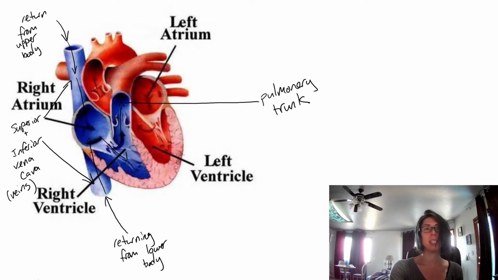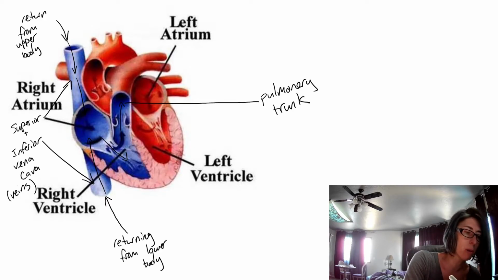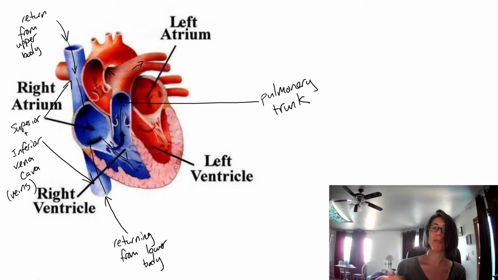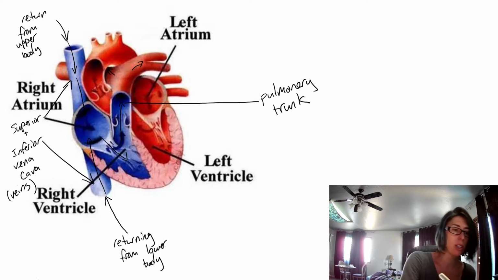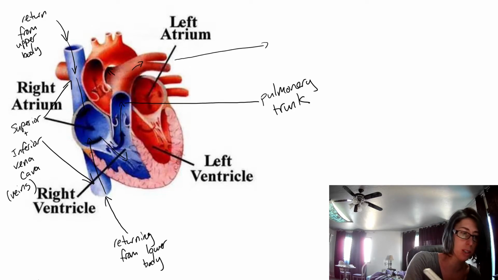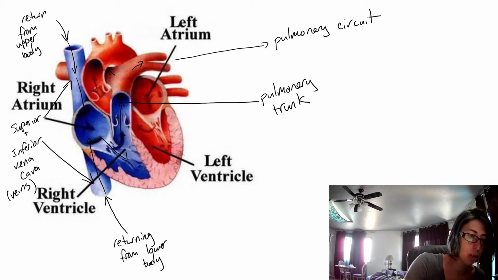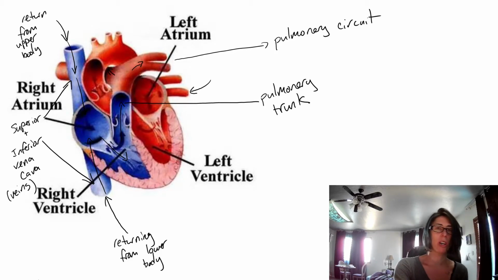The pulmonary trunk divides into a right and left branch, to go to the left and right lung so that the blood can be oxygenated. So this goes to the pulmonary circuit. Once the blood has become oxygenated, it's going to return in the pulmonary veins.